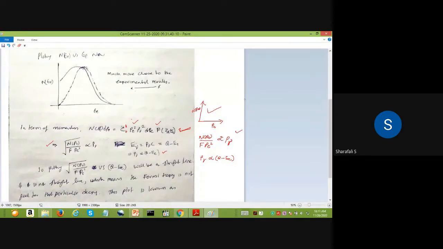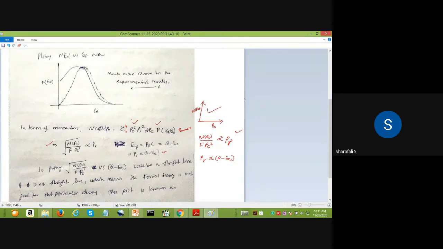So for neutrino energy, we will be having P nu into C, that is the momentum of the neutrino into C. That will give you the total energy minus the kinetic energy of the electron. So that will be taken away by this neutrino, that will be used as the neutrino's kinetic energy.